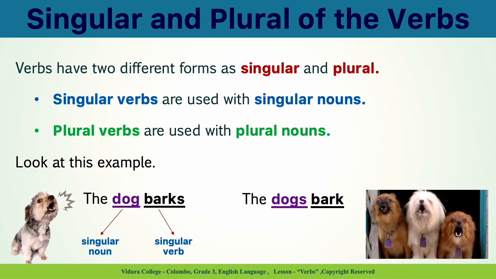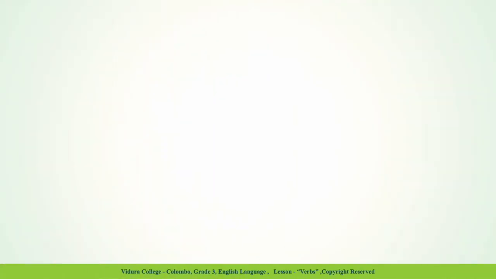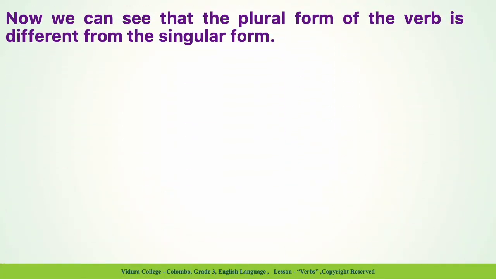In here we have used a plural noun with a plural verb. So the plural noun is dogs and the plural verb is bark. As you can see, the singular verb is different from the plural verb.